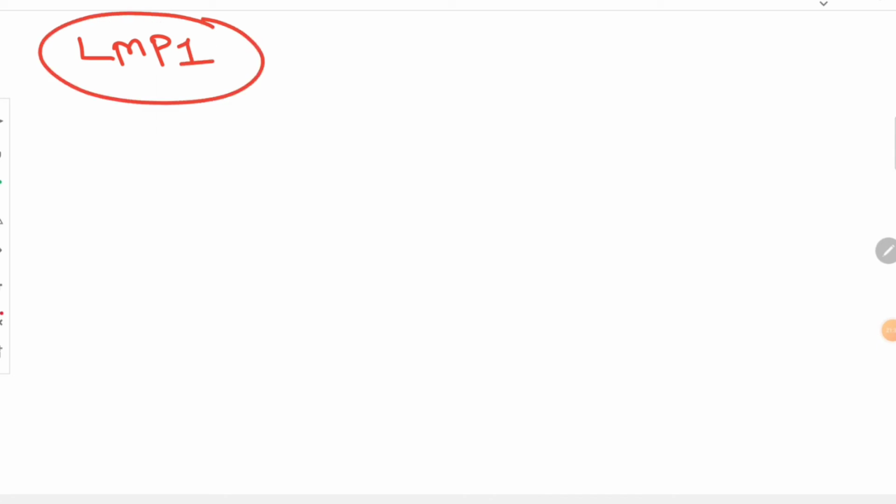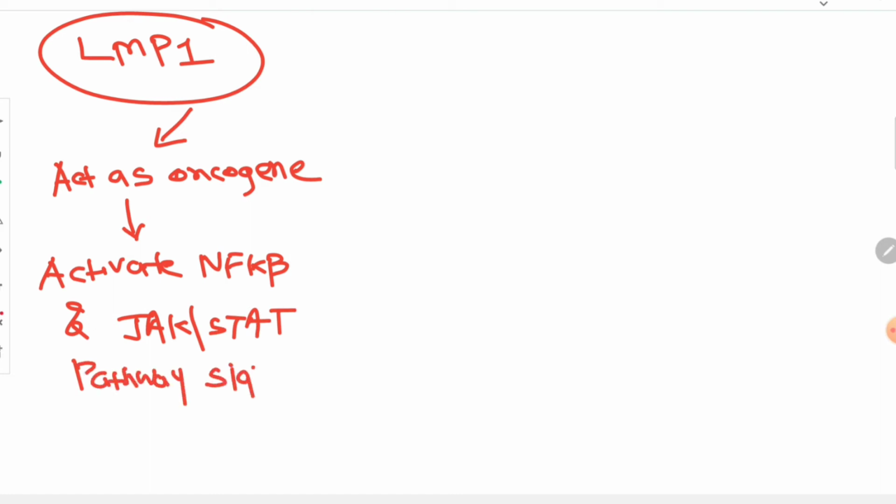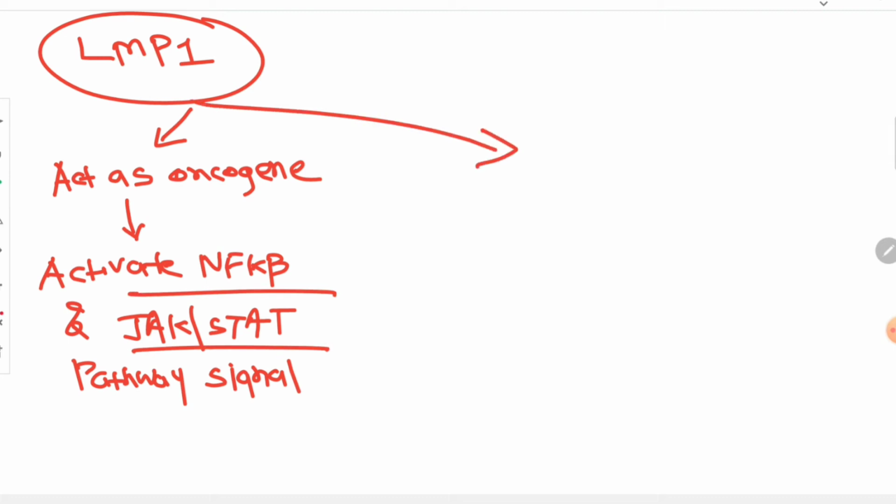And particularly if we understand in detail, then latent membrane protein 1, LMP1, will act as an oncogene. If they act as an oncogene, they can activate the NFKB and the JAK-STAT signal transduction pathway, and so they can proliferate the cell continuously by activation of NFKB and JAK-STAT pathway.